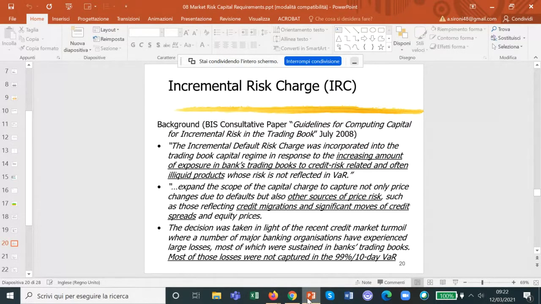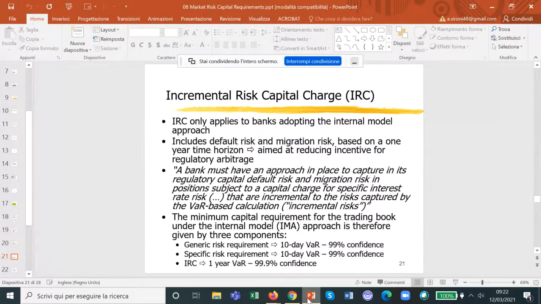And as I mentioned, this kind of risk were not adequately captured by the 99% confidence level value at risk measured with a 10-day time horizon. Indeed, IRC, you see that in the last line of this slide, is measured on a one-year basis, so with a one-year time horizon, and it has a 99.9 confidence level.